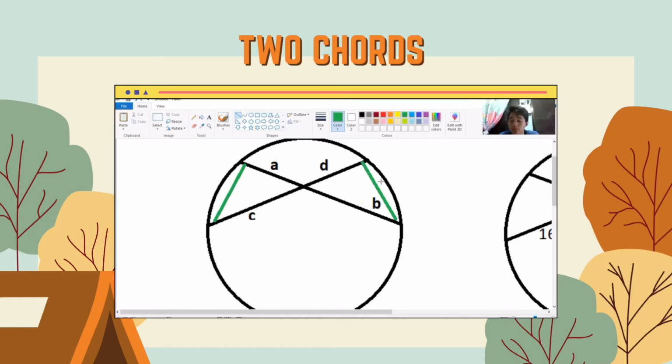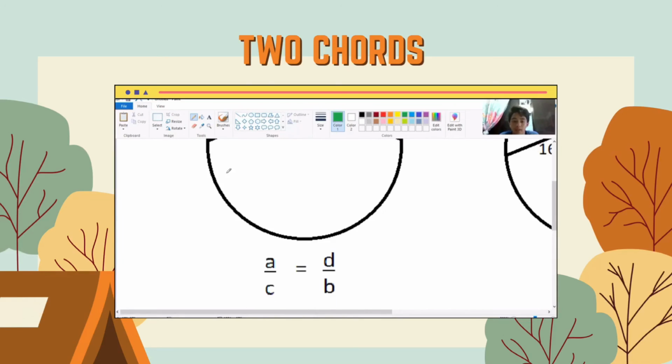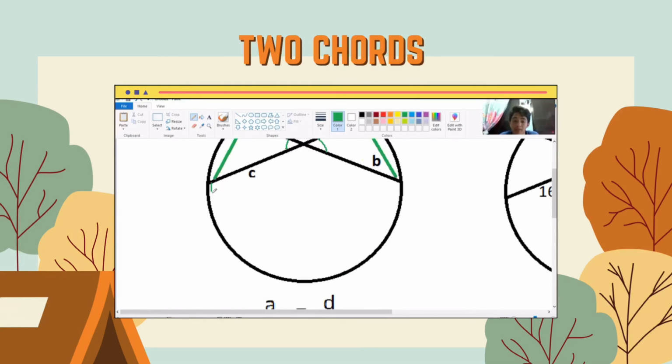Because as you can see here, these two triangles, if we put one line here and one line there, they are both congruent and they intercept the same arc. Yes, they intercept the same arc. That's why these two triangles are congruent. They are all the same.